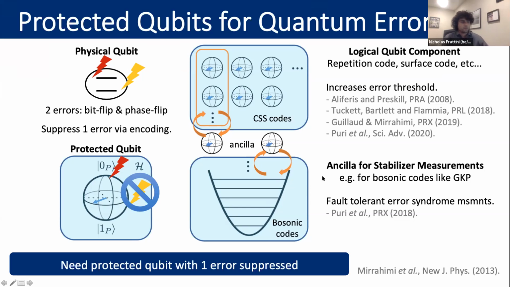So really, the summary of this story is that we want some protected qubit with one error suppressed. And we're going to use the two-legged cat qubit to do that, a little bosonic code in and of itself, as the building block to go from.